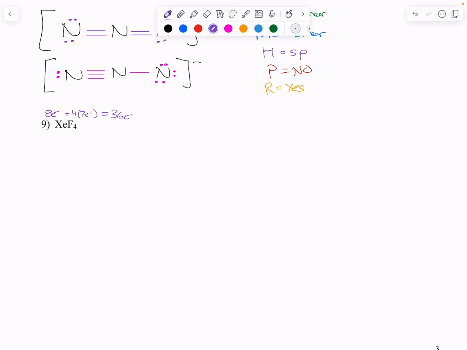Okay, so I got xenon and I got 4 fluorines. 1, 2, 3, 4. 2, 4, 6, 8, 10, 12, 14, 16, 18, 20, 22, 24, 26, 28, 30.